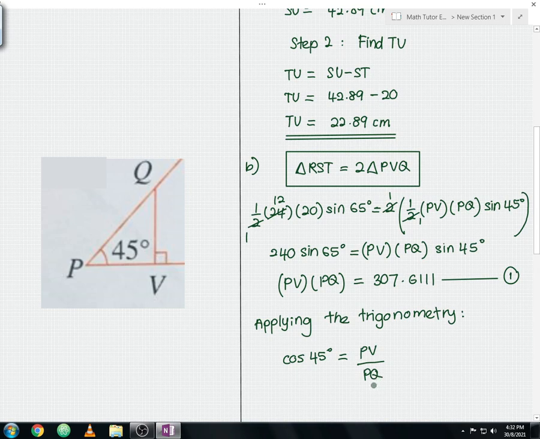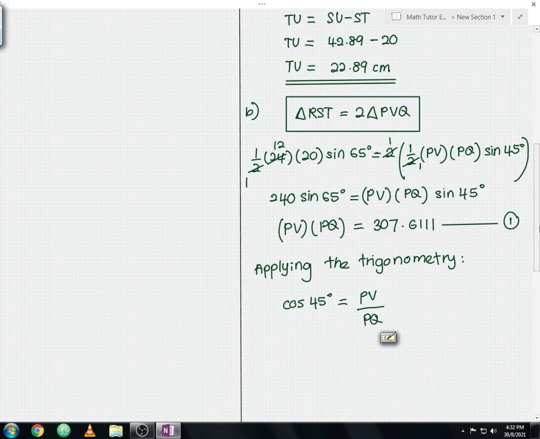So to find your PV, it will be equals to PQ times cos 45 degree. So your PV is equals to PQ times cos 45 degree. So this is your second equation.